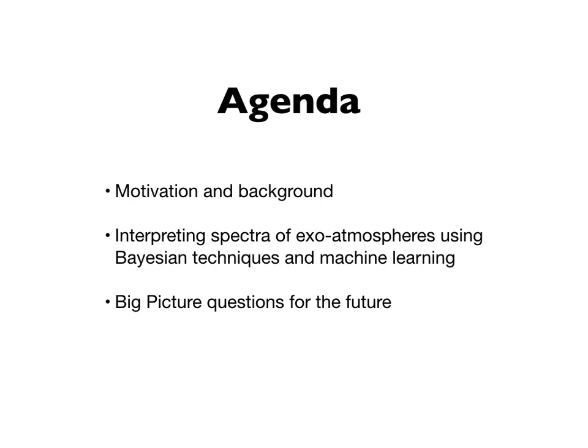So here's the agenda. I will give you some motivation and background for the subject. I will talk about how spectra can be interpreted using both conventional or classical Bayesian techniques and machine learning. And I'll end with big picture questions for the future.